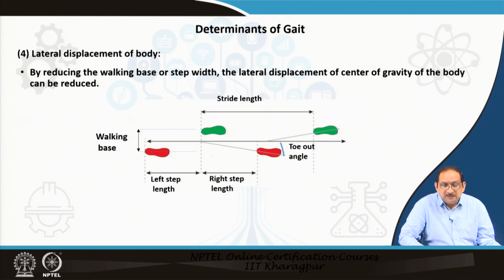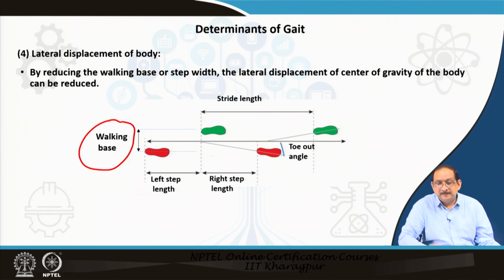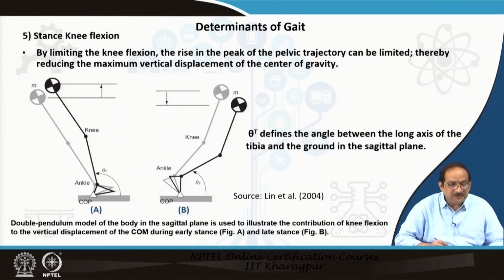The lateral displacement of the body can be explained in this figure. By reducing the walking base or step width, the lateral displacement of center of gravity of the body can be reduced. The fifth determinant is the stance knee flexion.